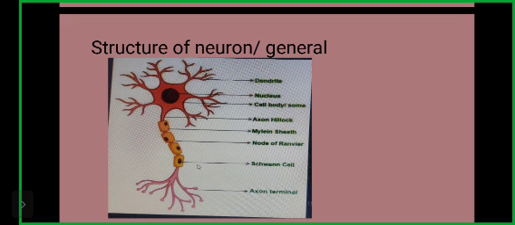Each and every part has a function. So we have the axon. Then the axon is covered by some parts. We have that part and that part. Those covering parts are known as the myelin sheath.